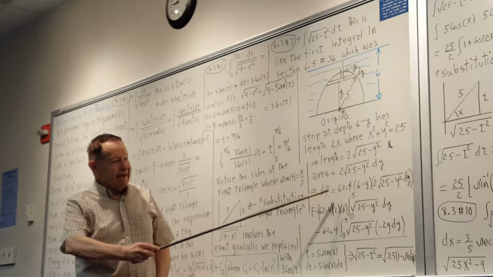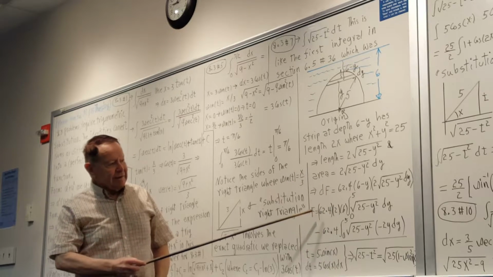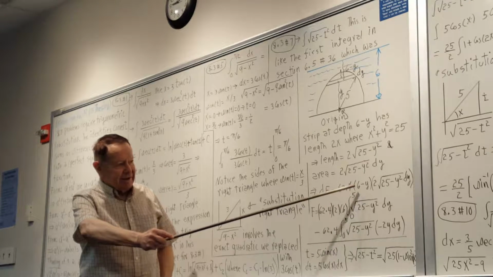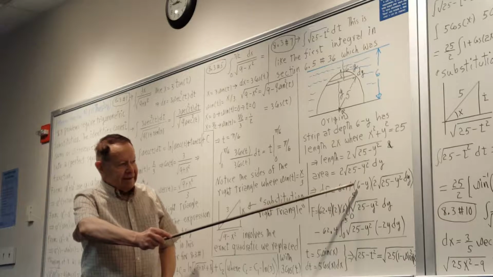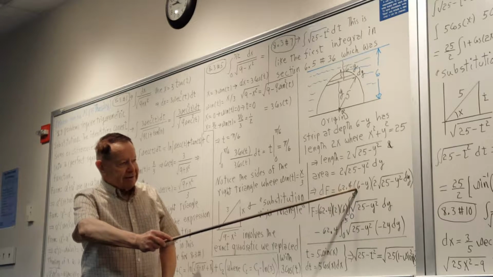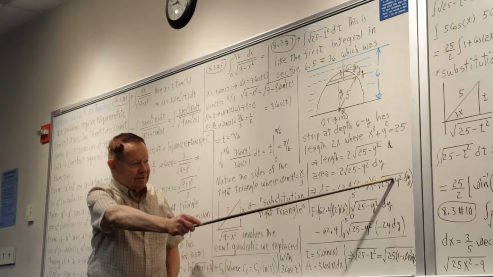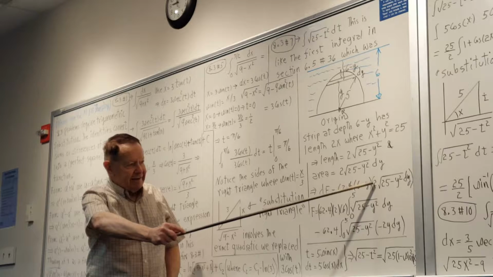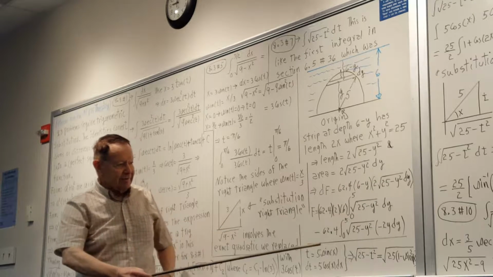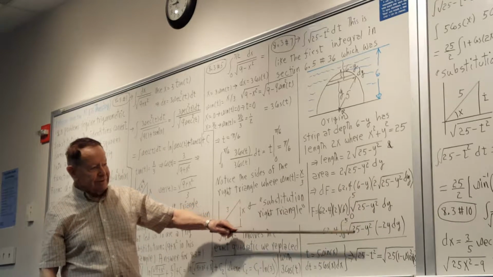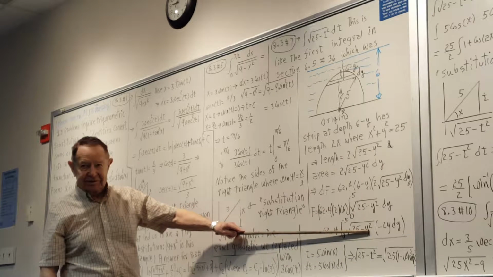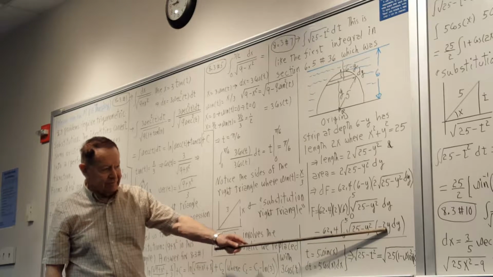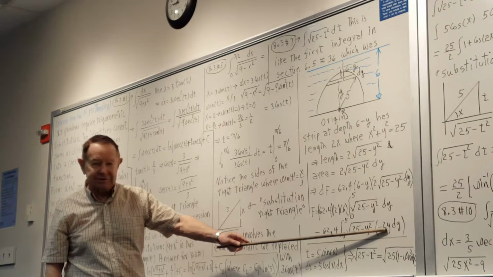Well, if you remember back when we were doing that, our force would be the integral here, and you see there are two integrals, because there's the density times the 6 times the 2 times the square root, and there's the density times the minus y times the 2 times the square root. So that gives you these two integrals to do. And this one we could do, this was a u substitution.